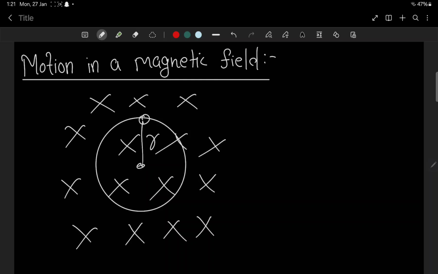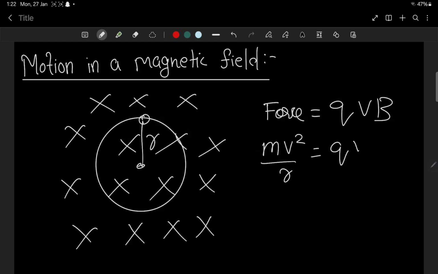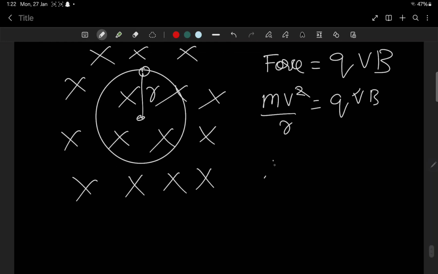Here the force equals QvB. The centripetal force should be equated with QvB. So mv squared by r is equal to QvB. v cancels, so therefore r equals mv by QB. Important.